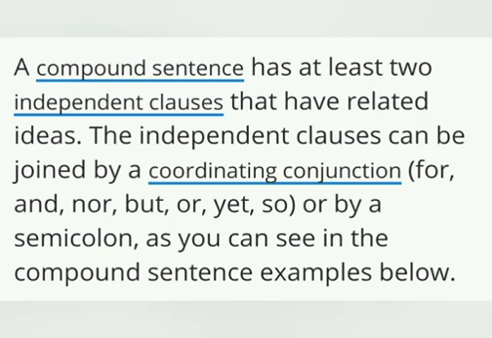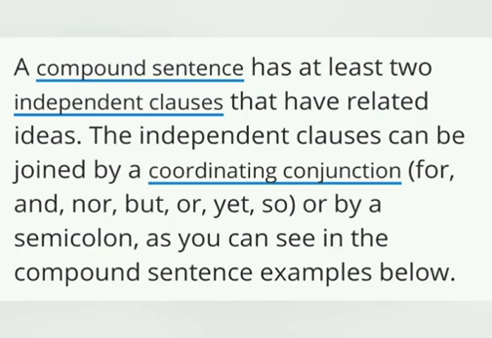We have already learned about conjunctions. The conjunctions are for, and, nor, but, or, yet, so, or the clauses can be joined by a semicolon, as you can see in the compound sentence examples which we are going to discuss now.